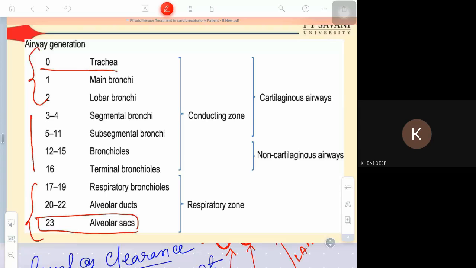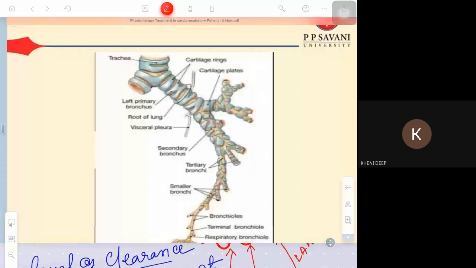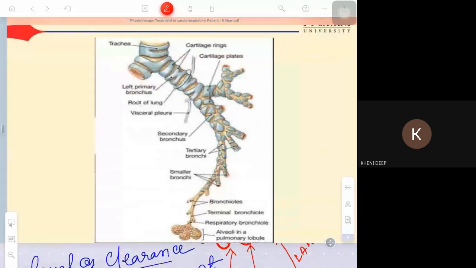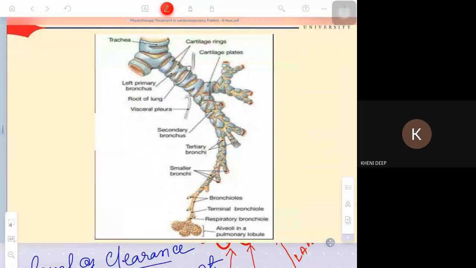If you take deep inspiration, this area will be cleared. If you take less inspiration, this area will be cleared during the first phase. And these are the different airway generations.